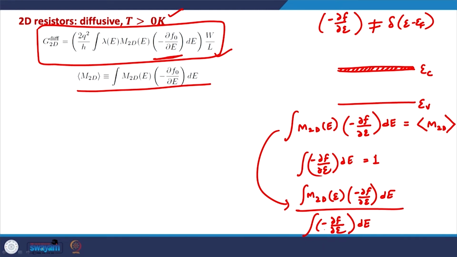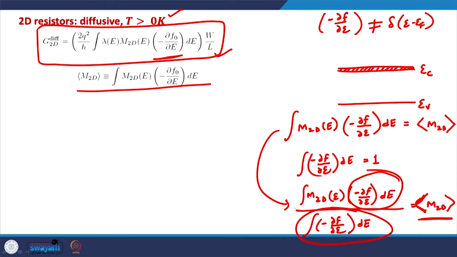So, we can always put this term in the denominator, and this is essentially the average of the function m2d E. This average is taken over all energies in the Fermi window, and as we have also discussed at some point earlier, this means that this is the number of modes averaged in the Fermi window.